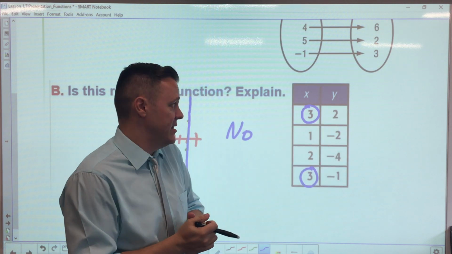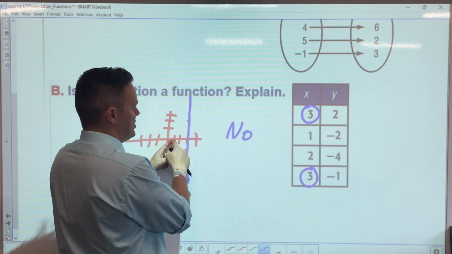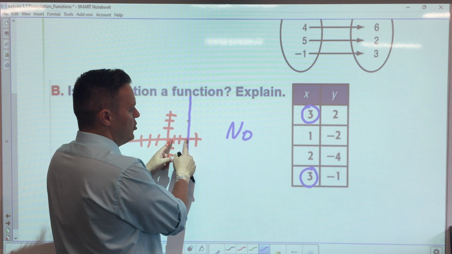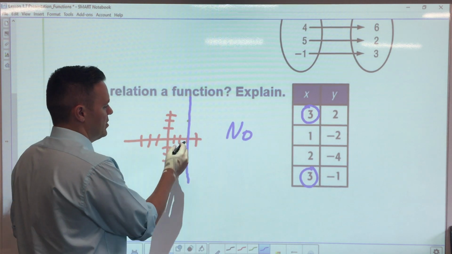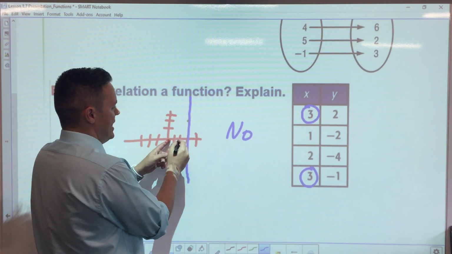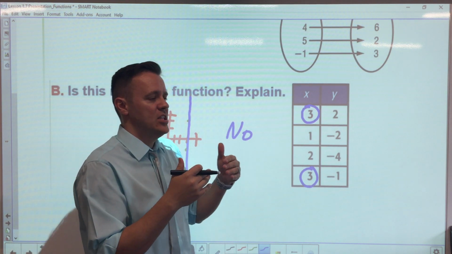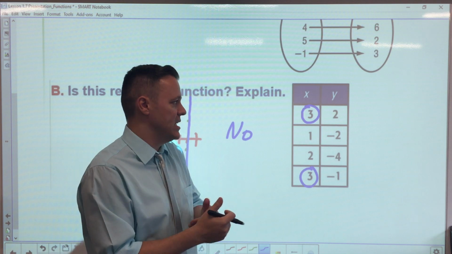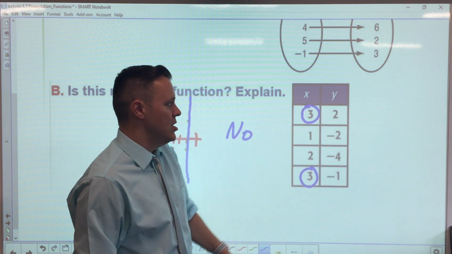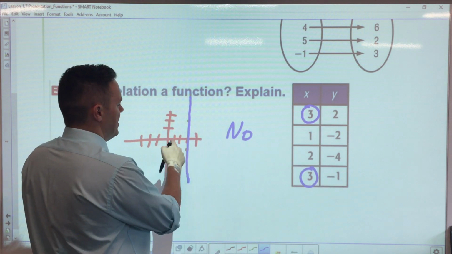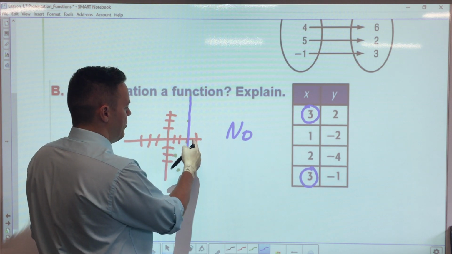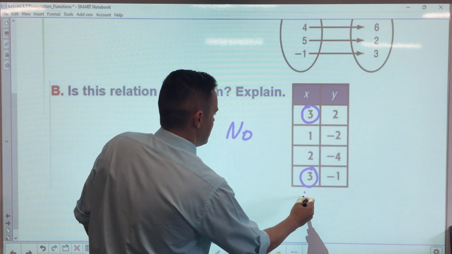So you have to understand that when you're crossing these out, if you have the same domain coming over here, you cannot do it. You can have the same ranges, but you cannot have the same domains. So what I mean by that is if I had another point where I came over here and the point was, say, 4, 2.